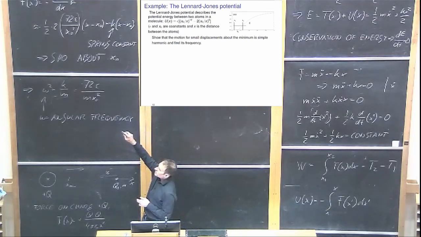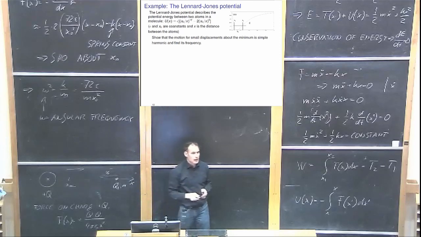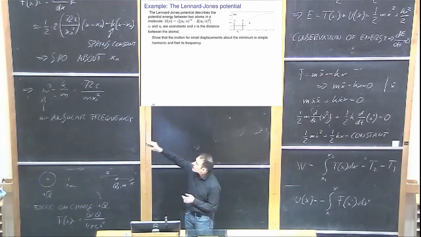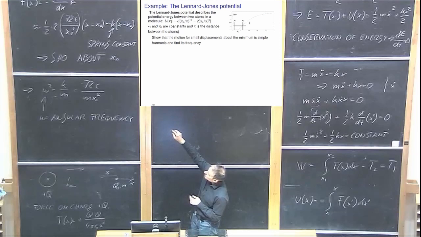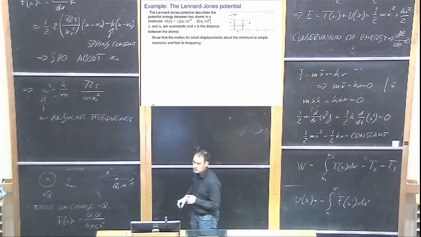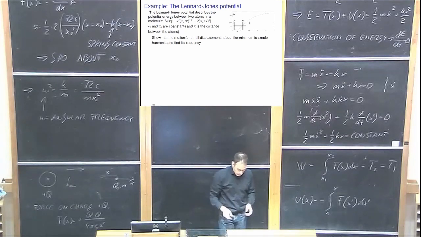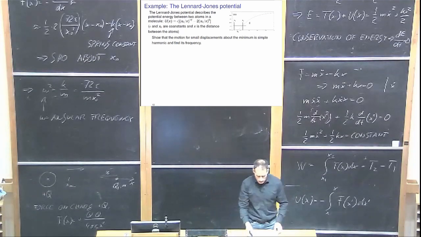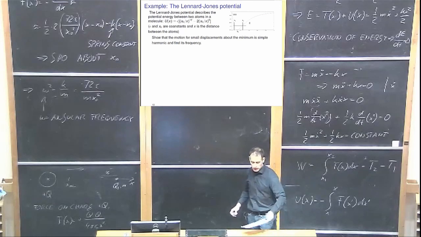Here in this case, it means you can approximate it with a Taylor expansion. You're not going too far away. If a large displacement would be up here, then clearly the approximation with a parabola fails. But for small displacements left and right, you can approximate it with a simple parabola and a simple harmonic oscillator.